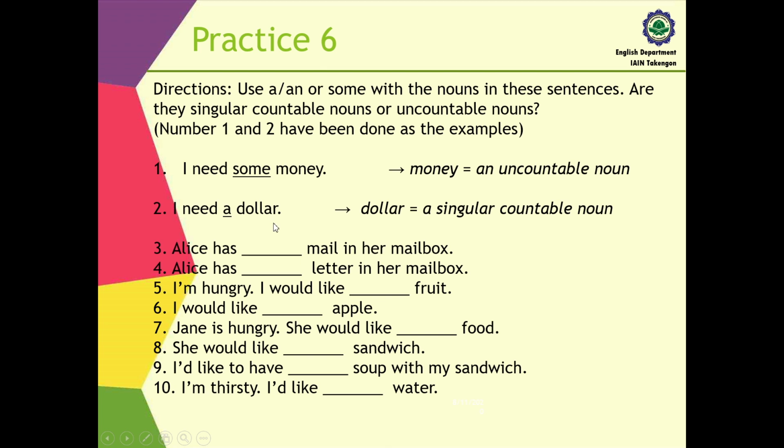So it's impossible to use some. We have a or an. So we should put a in this sentence because dollar starts with a consonant sound. I need a dollar, and here we write dollar is a singular countable noun.